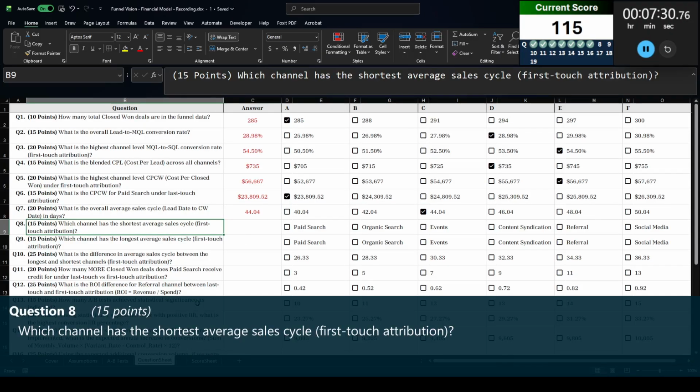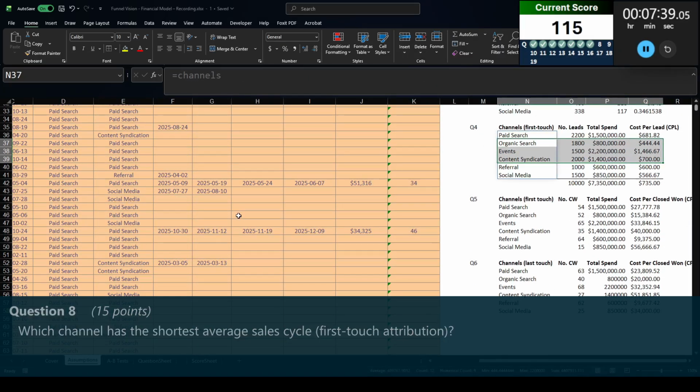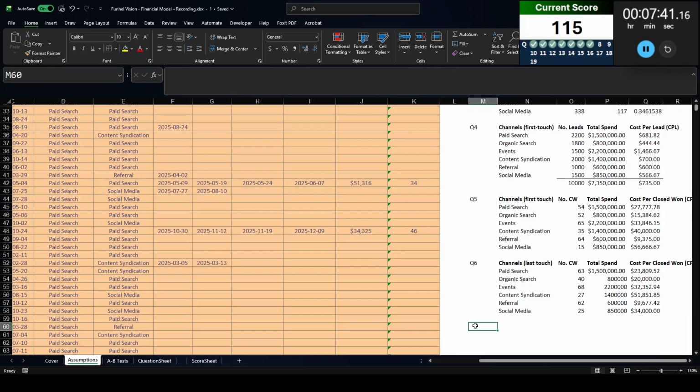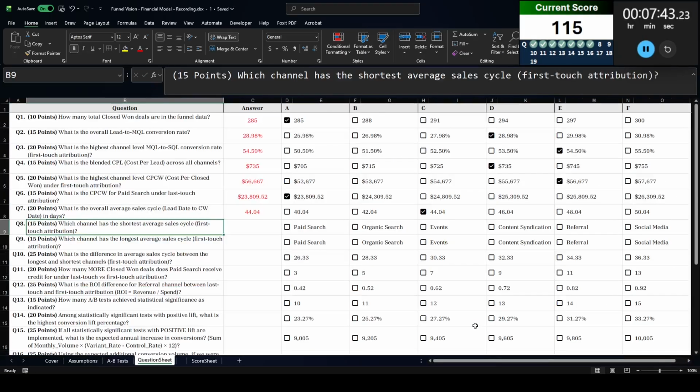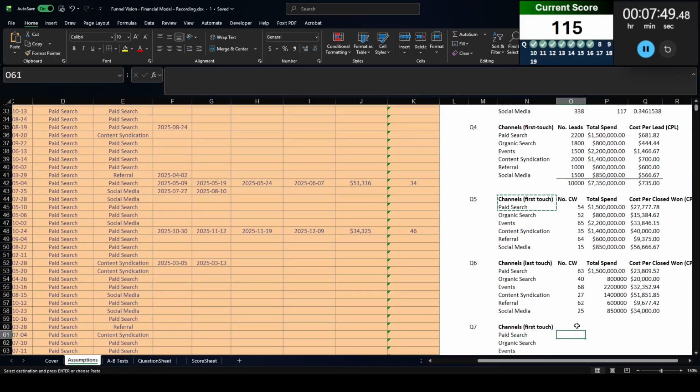Question 8. Which channel has the shortest average sales cycle under first touch attribution? Okay, so what I did here when I separated this by channel, I probably should have done that for this question. It would have made it quicker, but that's okay. So we are operating under first touch attribution. So let's go ahead and do that again, first touch.